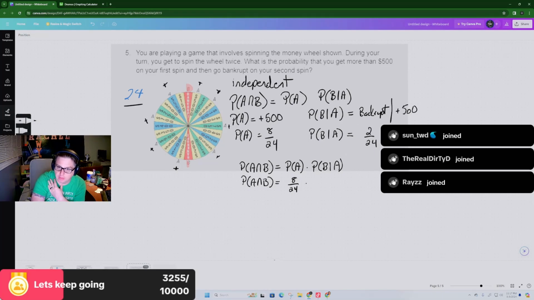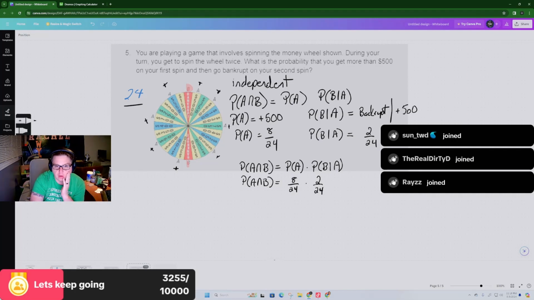So probability that we landed on a bankrupt given that our first spin was more than 500 bucks. So that's 2 out of 24. Now, I could have simplified this to 1 over 12 because I can divide the top and the bottom by 2. I can divide the top and the bottom by 8, 1 over 3, and then get my answer.